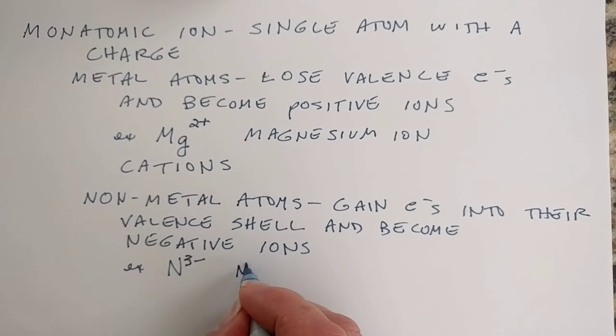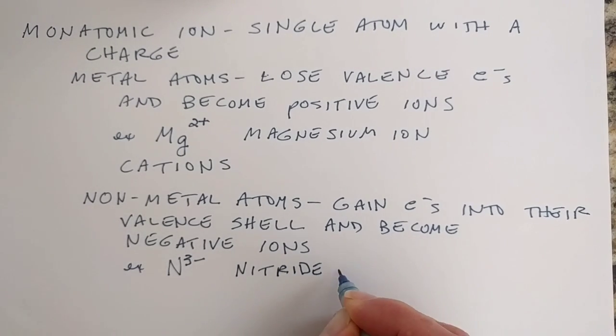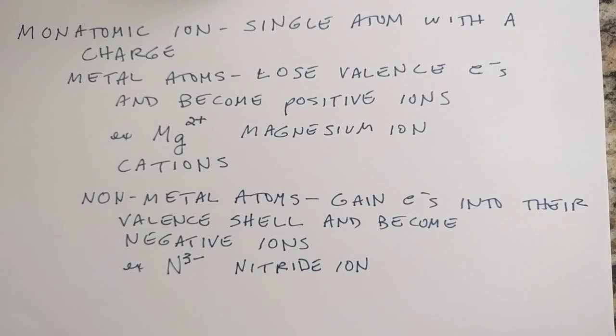So this is the nitride ion. So if we have an atom of fluorine, the name is fluorine. If we have an ion, it is the fluoride ion. And then our nonmetal atoms, when they become ions, are anions.